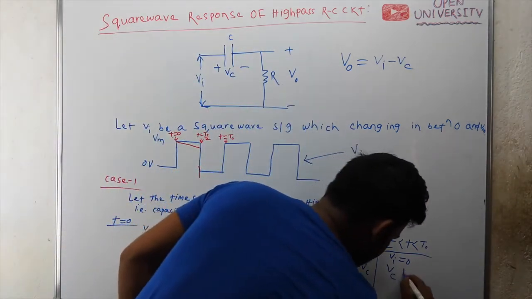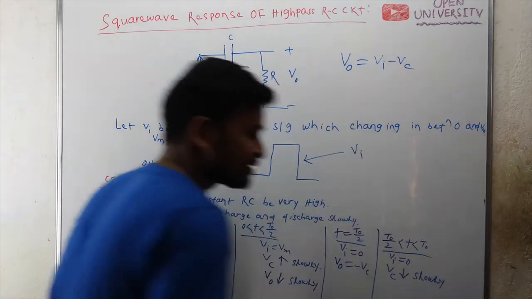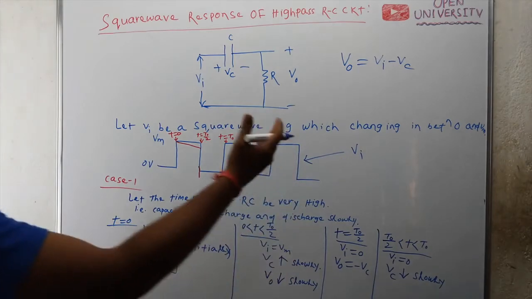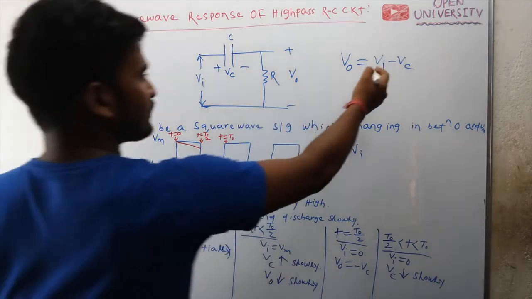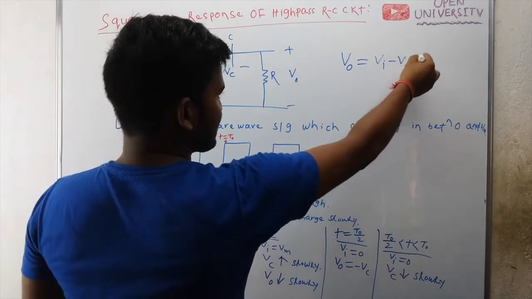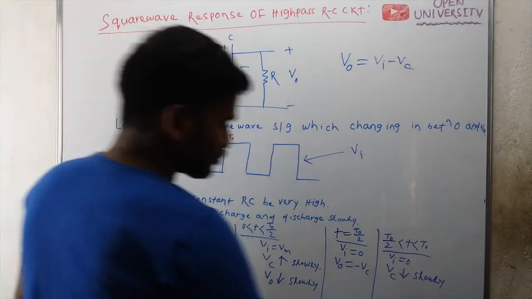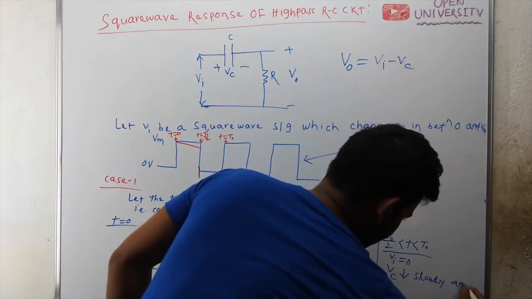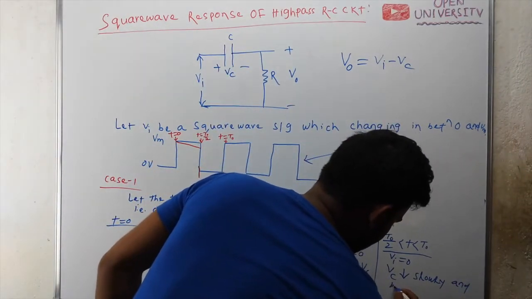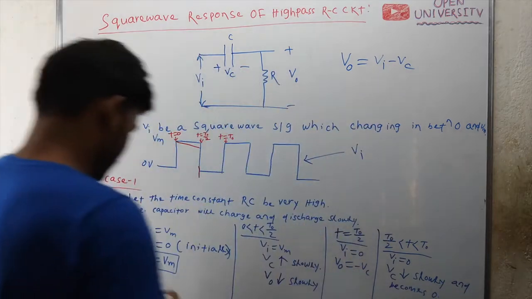Vc will decrease slowly because the time constant is very high, and it will become 0.